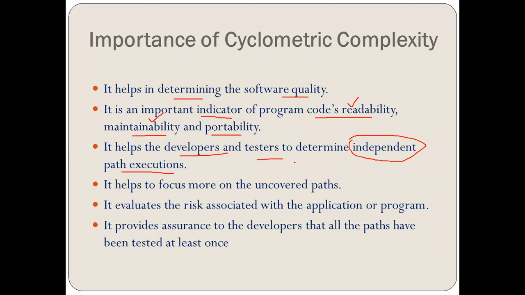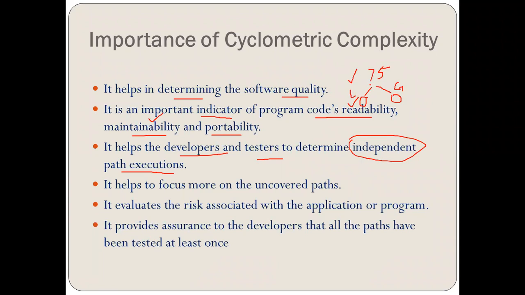That means I should test with both conditions, not only with less than 75, but with less than as well as greater than, and it should give me the correct result in both conditions. It should not be that I have tested only one condition.